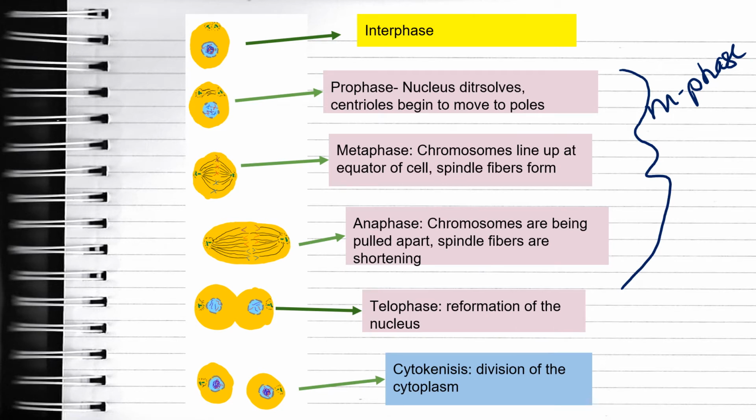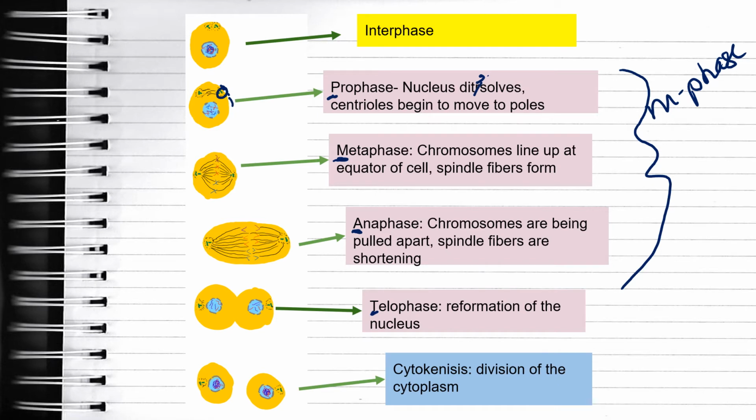So prophase, metaphase, anaphase, telophase. In prophase, the nucleus dissolves and then the centrioles begin to move to the poles. So these little green things start to move to either end.